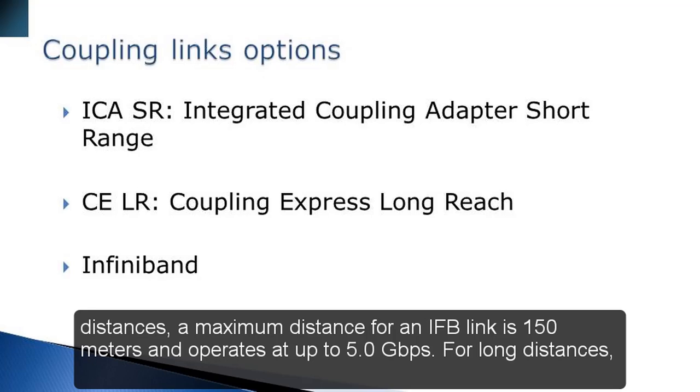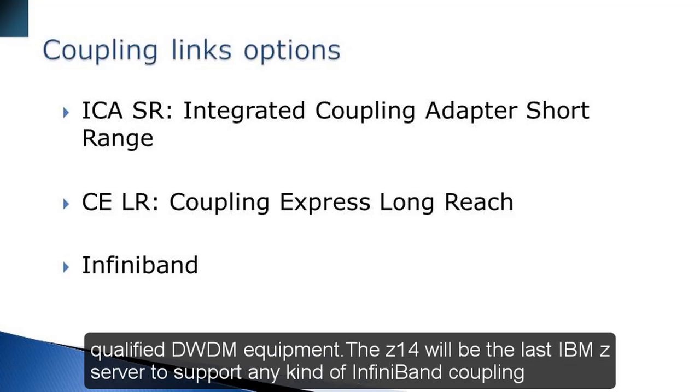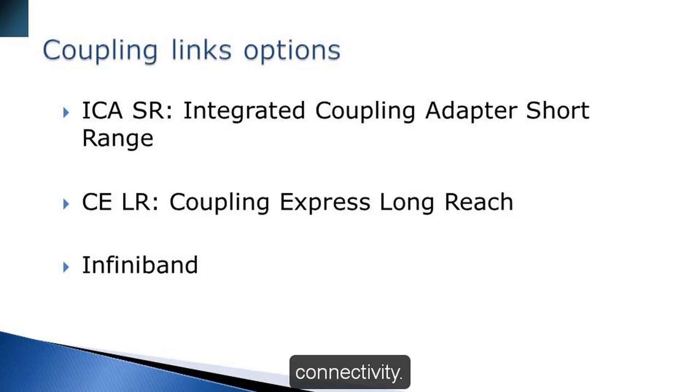For long distances, IFB coupling links support unrepeated distance up to 10 kilometers and repeated distance up to 100 kilometers using IBM Z qualified DWDM equipment. The z14 will be the last IBM Z server to support any kind of InfiniBand coupling connectivity.